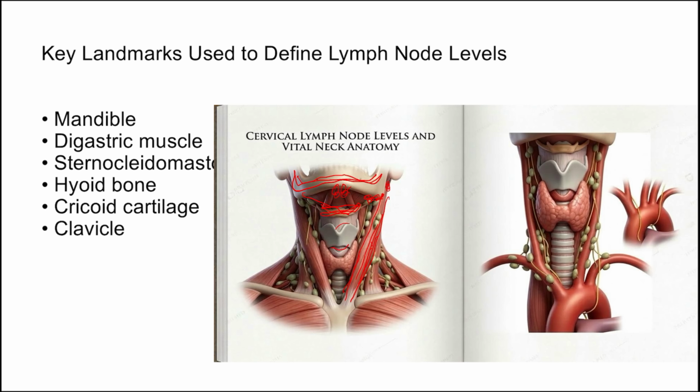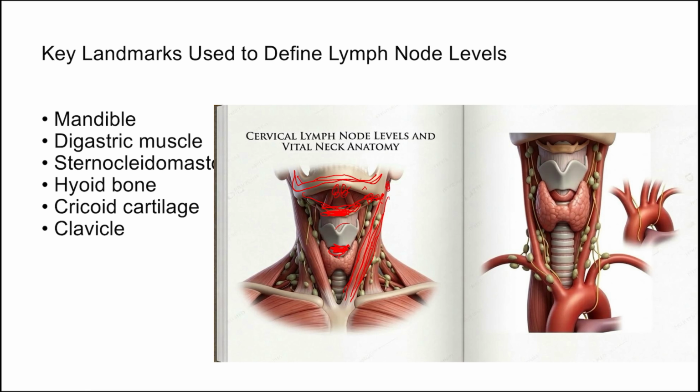The cricoid cartilage is lying here, below the thyroid cartilage. These landmarks include, as I told you earlier, the mandible, the digastric muscles, the sternocleidomastoid muscle, the hyoid bone, the cricoid cartilage, and the clavicle.